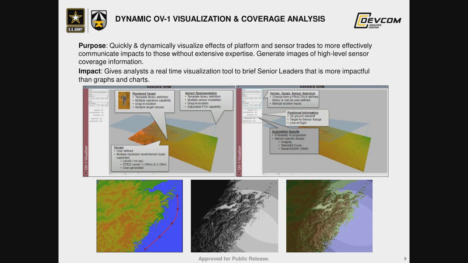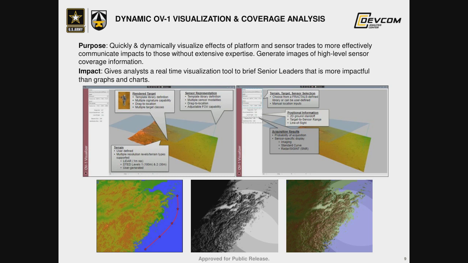So we have what we call a dynamic OV-1 visualization and coverage analysis module that allows you to look at locations, different terrains, different sensors with different fields of view, what their performance would be at certain standoffs or altitudes, and you'd be able to visualize what that looks like, how much coverage you're actually getting on a terrain very quickly.